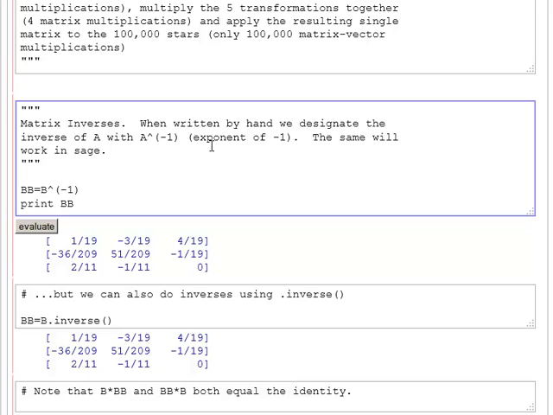Okay, matrix inverses. In ordinary multiplication, an inverse is the same as a reciprocal. And so if I wanted to take, say, 2 times its reciprocal, which is a half, notice that 2 times a half comes out the identity, which is 1. 5 times a fifth comes out the identity, which is 1.